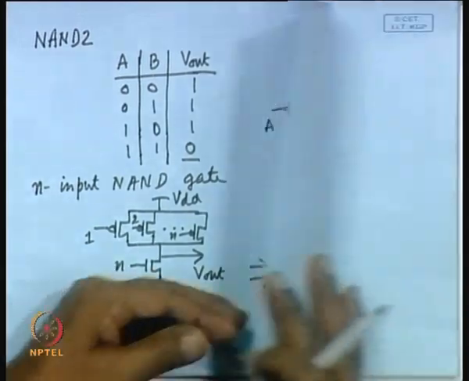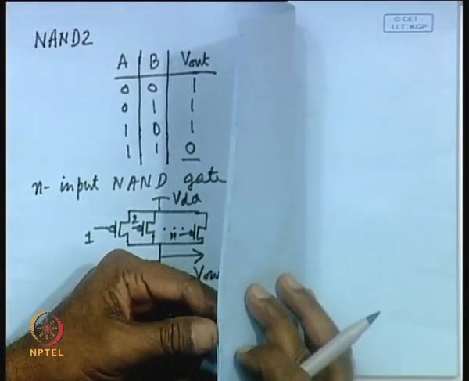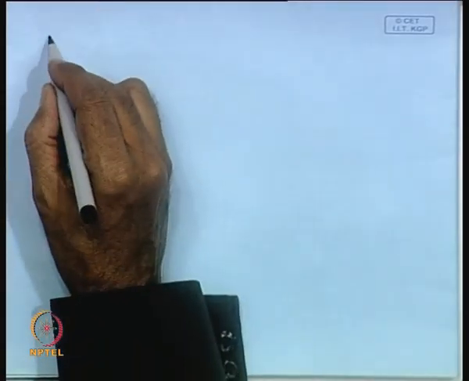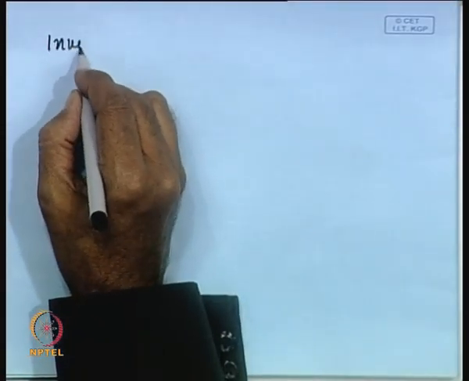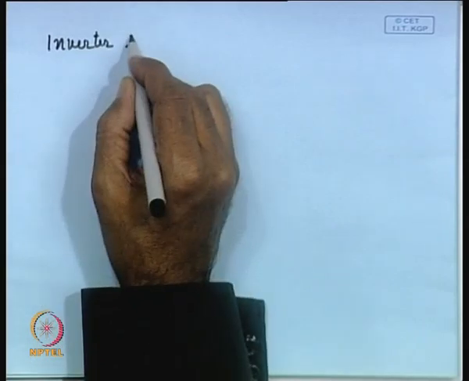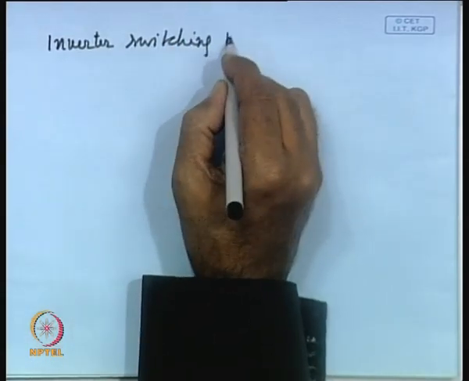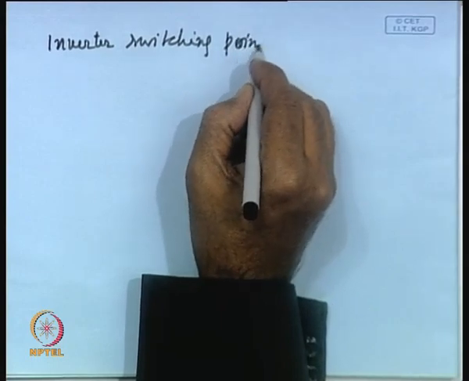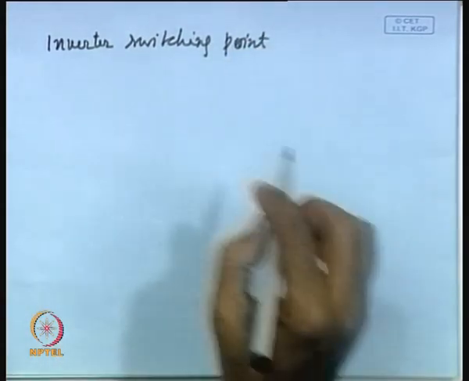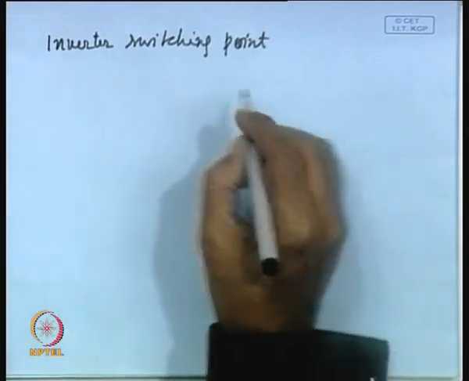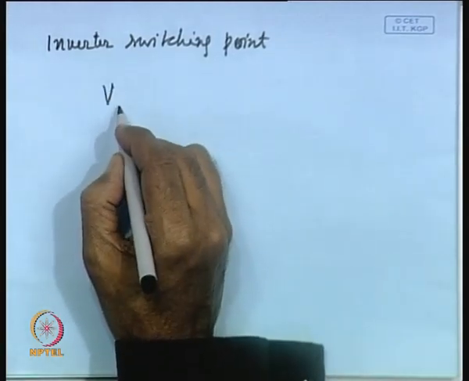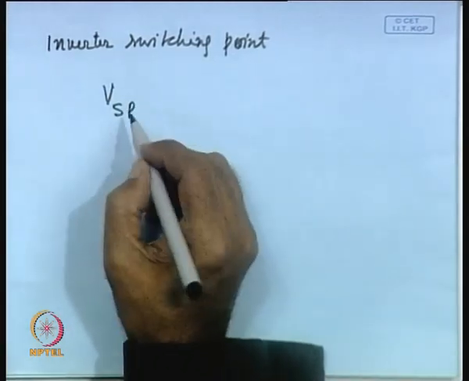Now, what is the expression for the inverter switching point, or inverter threshold voltage? VSP, switching point of inverter.